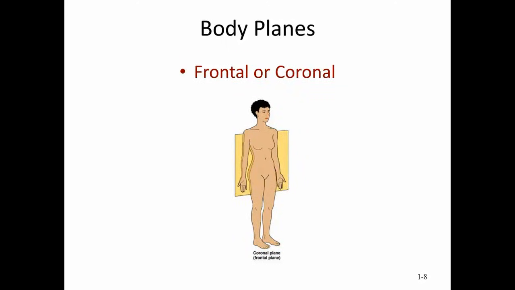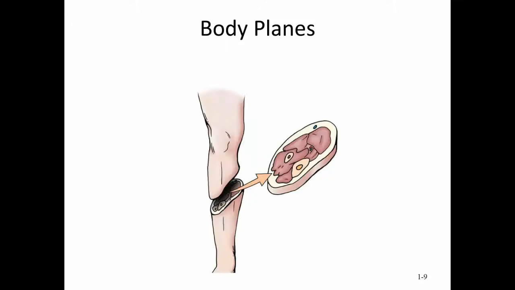That is going to give us a front and a back. And if we are off of the right angle, if we're anything other than a right angle, we're going to call that an oblique cut. And you can see this section here is an oblique cut.